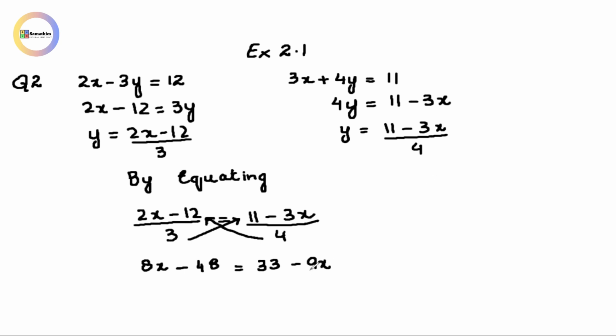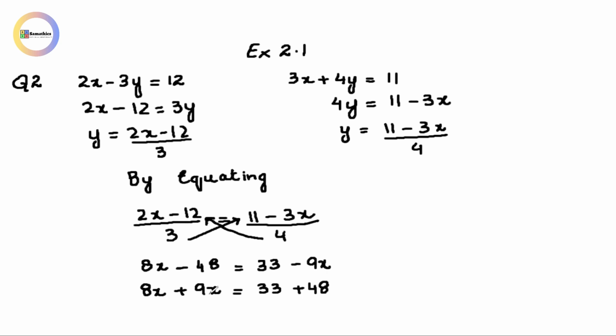We have minus 9x here. We can take it on the other side. So this will become 8x plus 9x is equal to 33 plus 48.